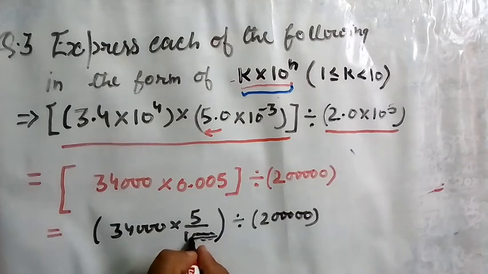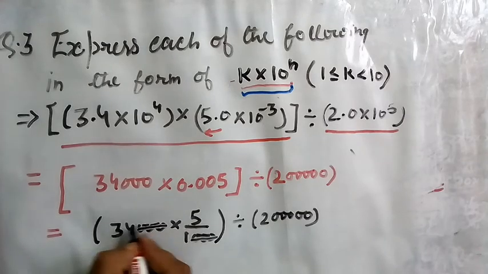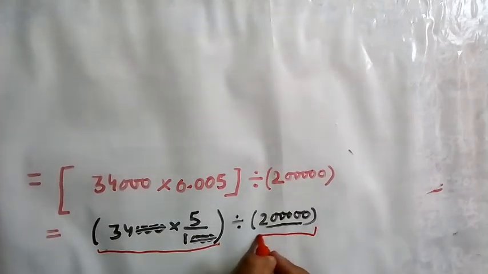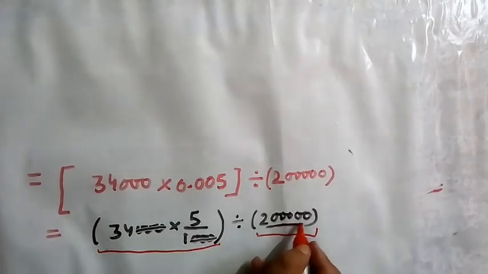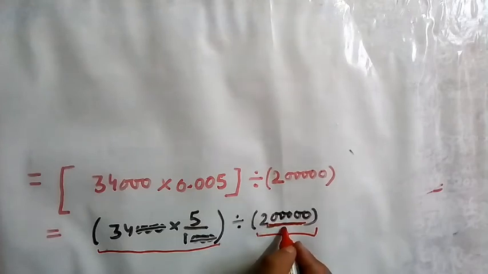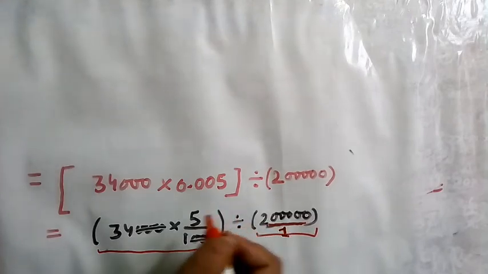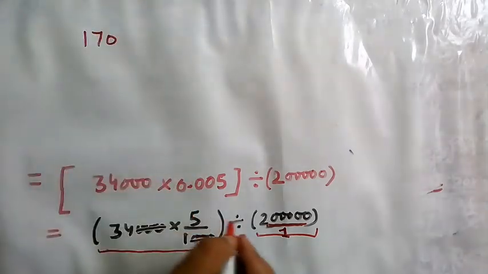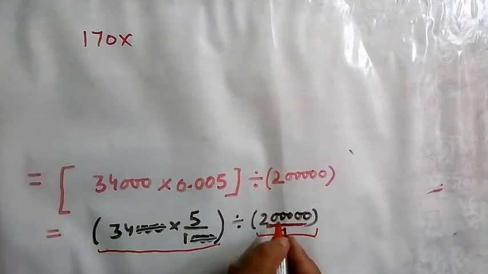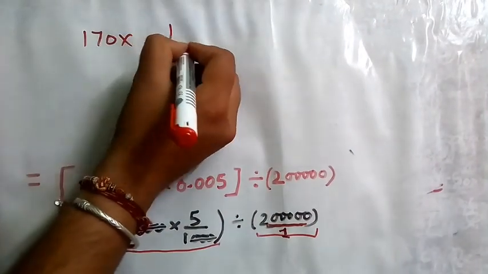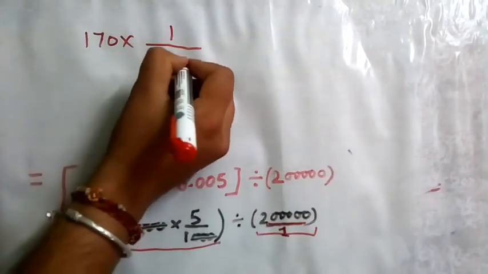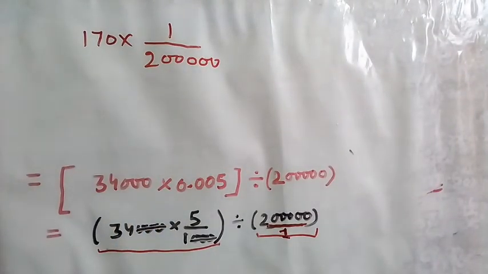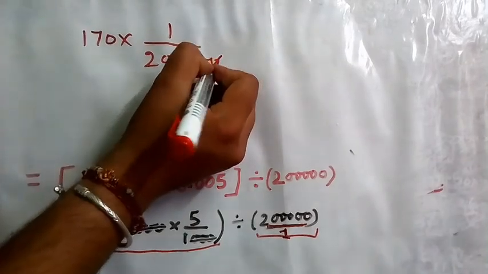Now let us simplify it. 3 zeros are cancelled, and now in the divisor part there is nothing in the denominator, you can put 1. So let us simplify it. 34 multiplied by 5 is 170 multiplied by, take reciprocal of divisor, it will become 1 upon 2 lakh. Now divide is changed into multiply.